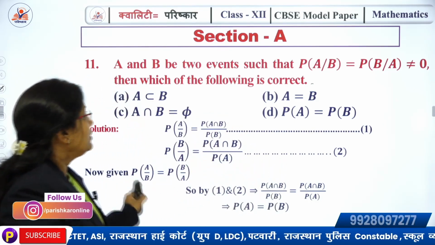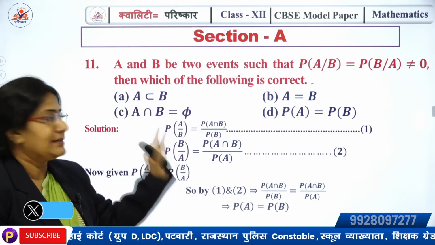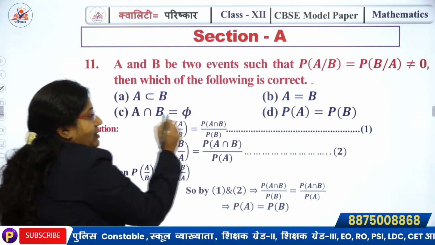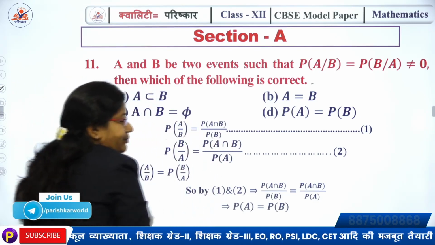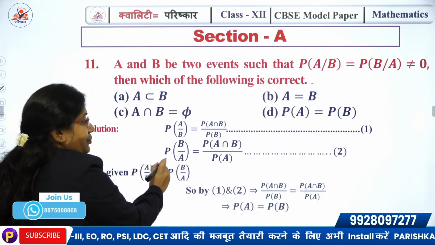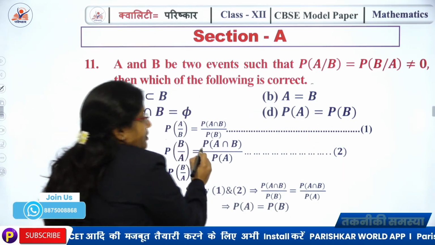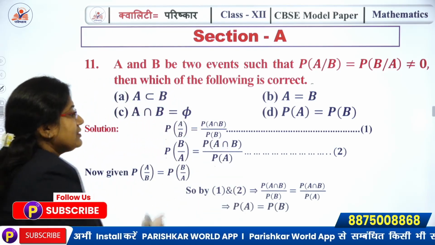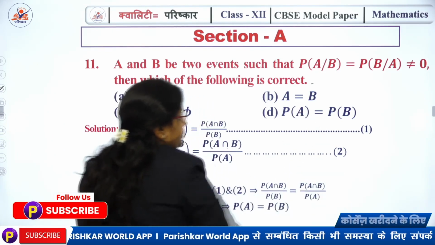We have to find out which option is correct. Students, you can see probability of A by B is probability of A intersection B upon probability of B. We'll give this equation as equation number 1. Probability of B by A is equal to probability of A intersection B upon probability of A. We'll give this equation as equation number 2.